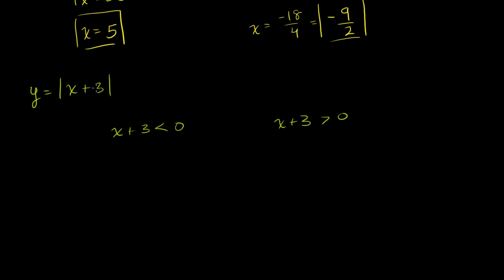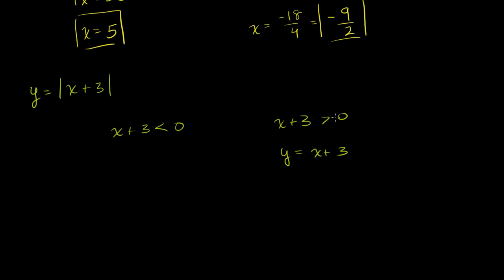When x plus 3 is greater than 0, this function is the same thing as y is equal to x plus 3. Right? If this thing over here is greater than 0, then the absolute value sign is irrelevant. But when is x plus 3 greater than 0?